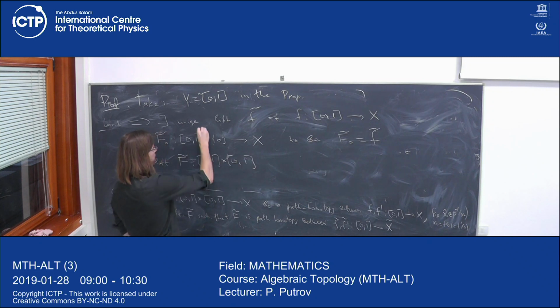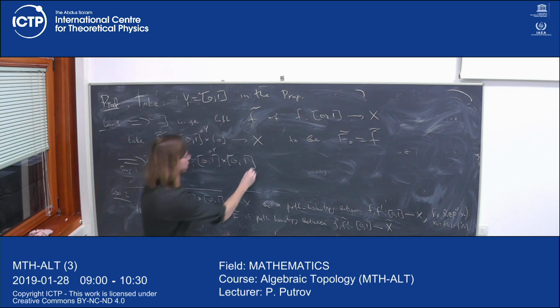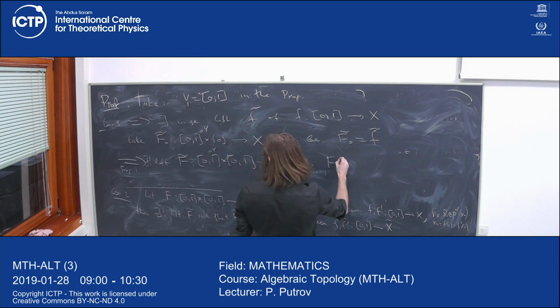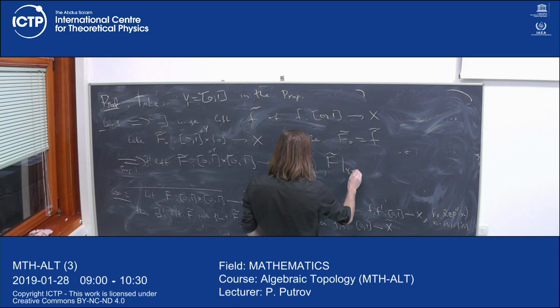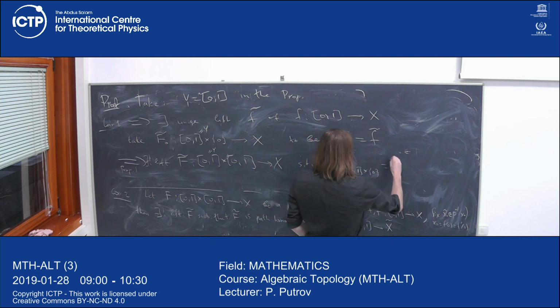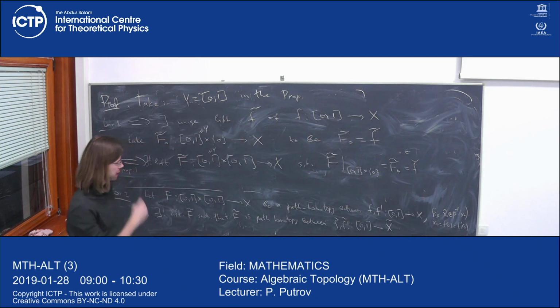This is my y here. Such that its restriction on [0,1] times 0 is equal to f0 tilde, which I took to be f tilde.